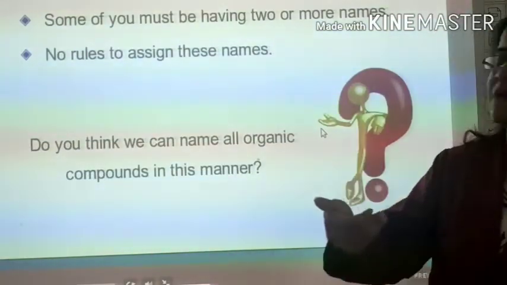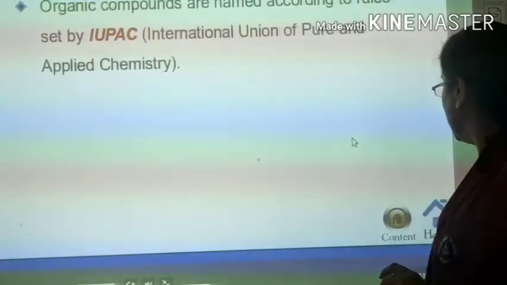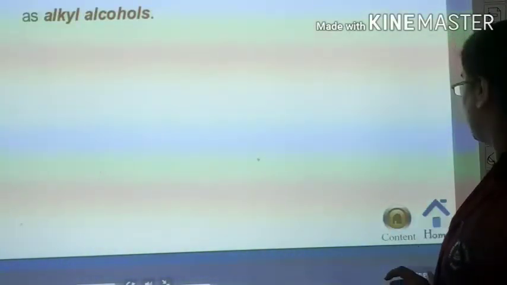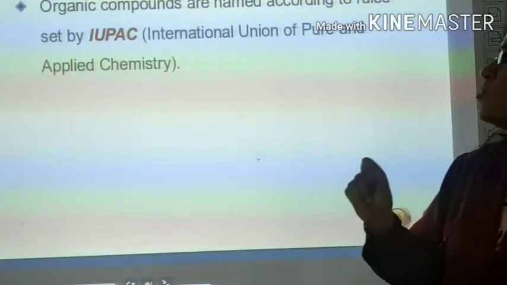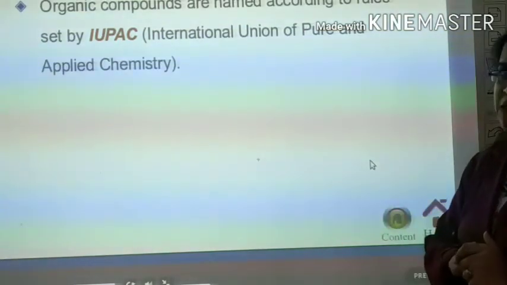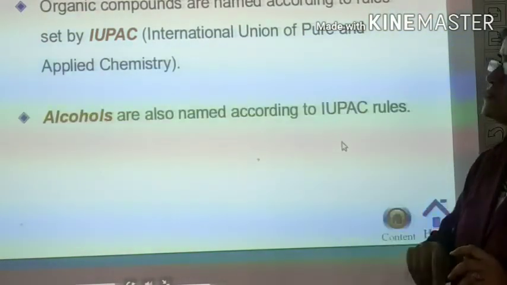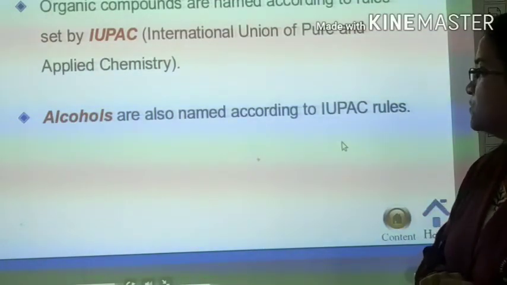So how does another person know what your correct name is? To solve all this problem, one standard name is given by IUPAC. So for organic compounds also, we learn the name according to IUPAC. You are familiar with IUPAC, which is International Union of Pure and Applied Chemistry.